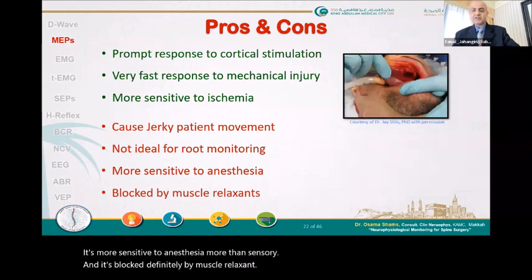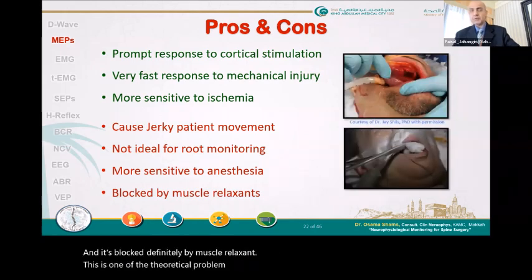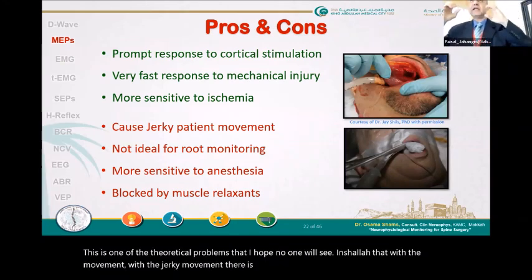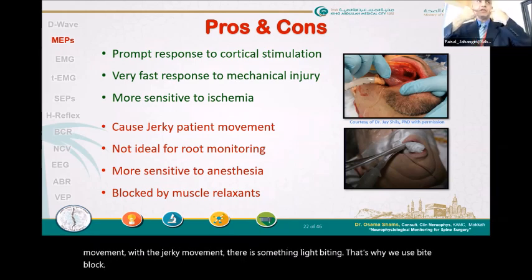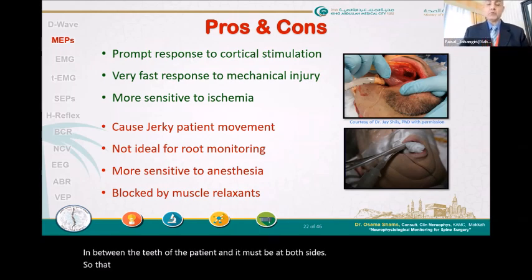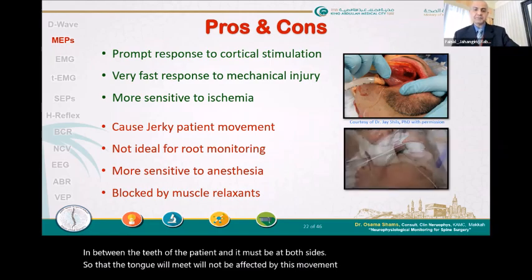One of the theoretical problems that I hope no one will see is that with the jerky movement, there is something like biting. That's why we use a bite block between the teeth of the patient. It must be on both sides so that the tongue will not be affected by this movement of the patient.